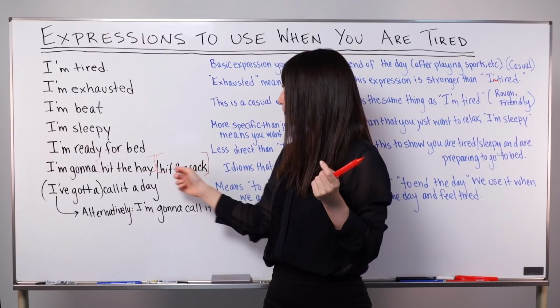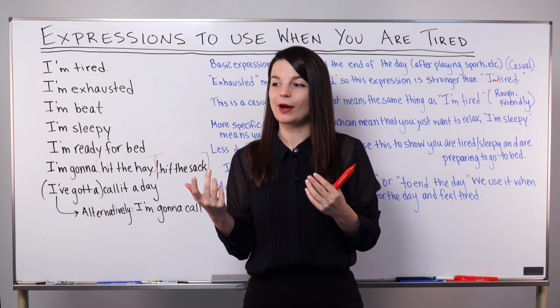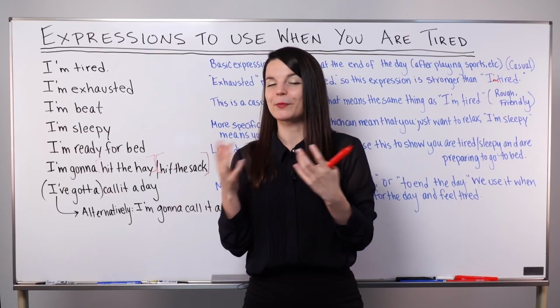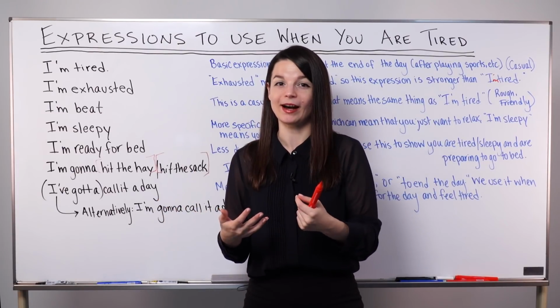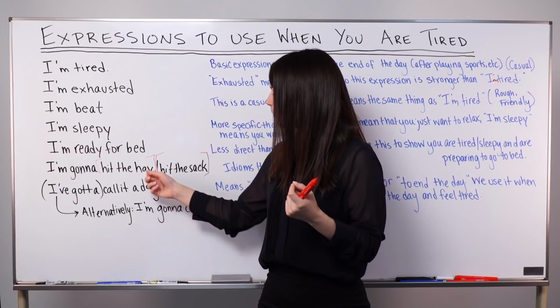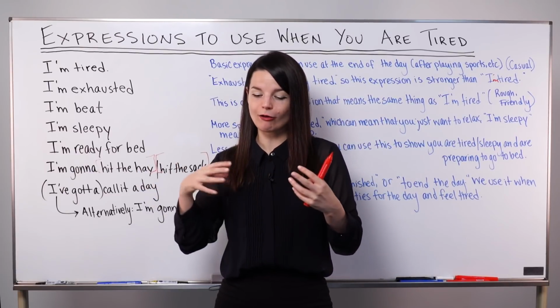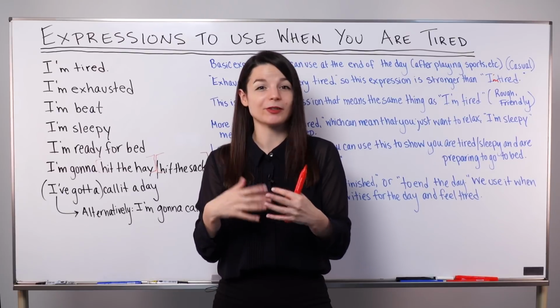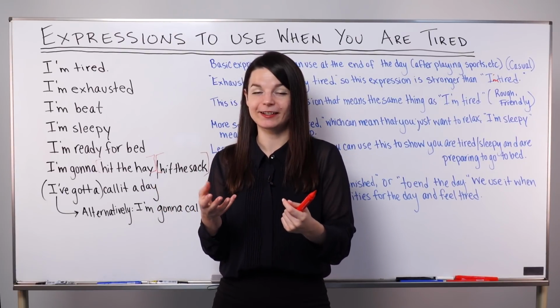These two things have historical references to the way that we slept in the past, or rather the materials we slept on in the past. So in the past, hay was used inside of things like we use mattresses today, but maybe mattresses today don't have hay inside them.